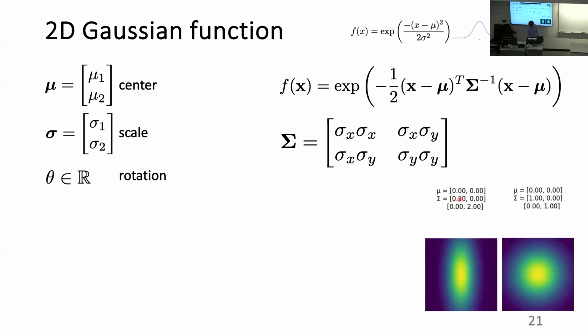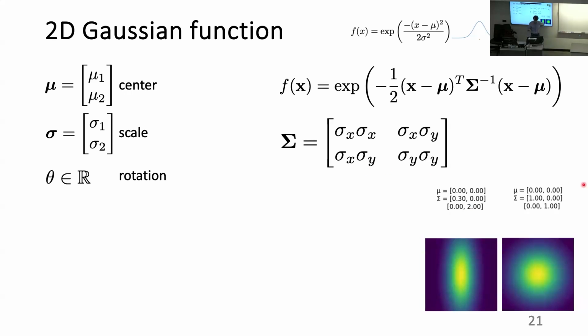Whereas here I changed the scale to 0.3 and 2, where we see that it pushed together the Gaussian along one axis and stretched it along the other. And the other parts of this 2D covariance matrix are a measure of how much the different angles influence each other.